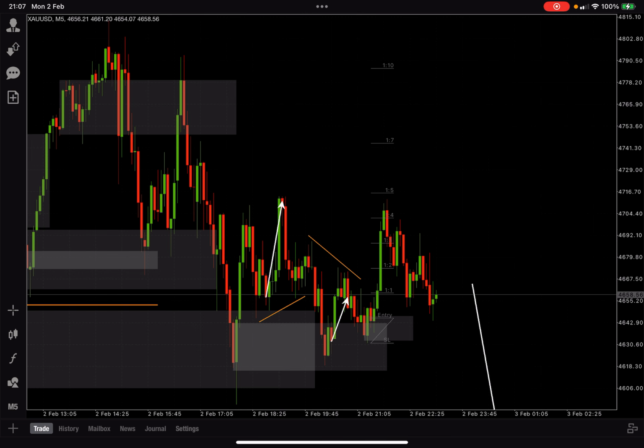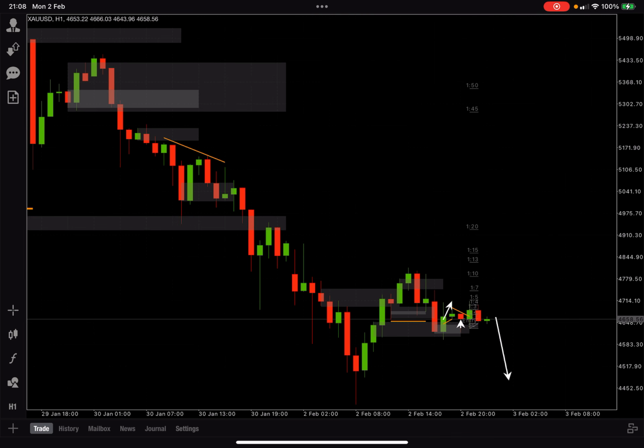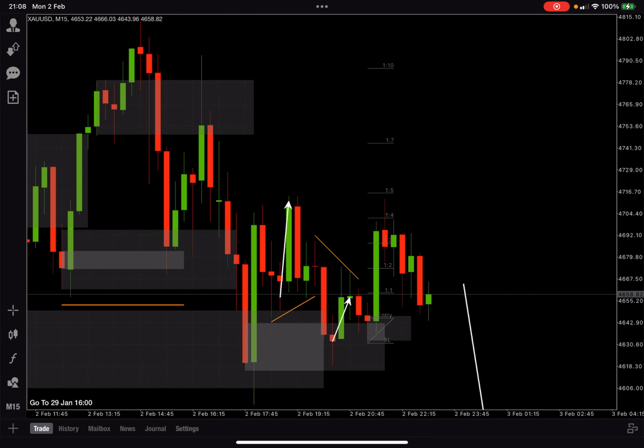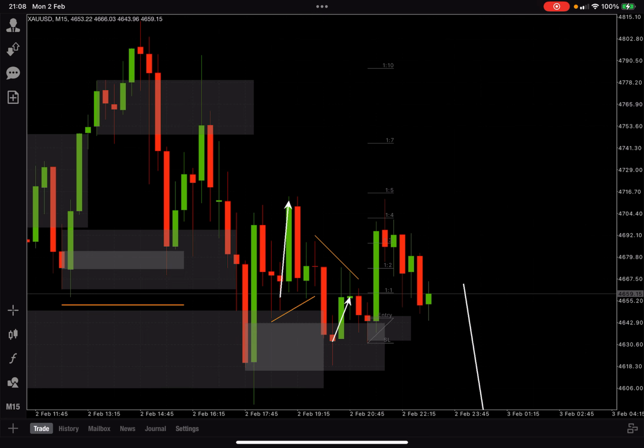If not, then you'll be looking at the higher time frame, which is the 1 hour and above, and you'd be looking for those more confident setups that show you the clearest directions on the higher time frame. And that's when you can just enter when you see the manipulation taking place, and then you can leave it for a few days to run depending on what time frame you are looking at.